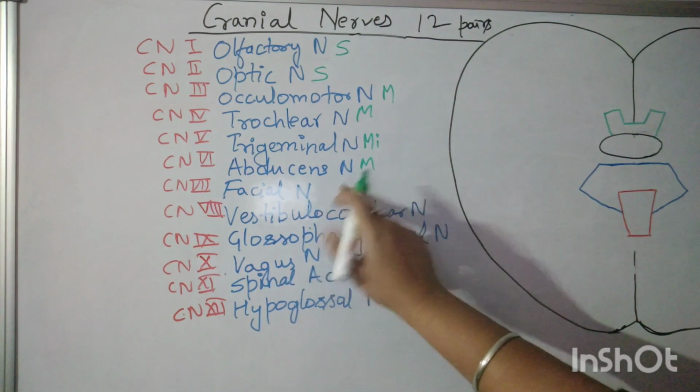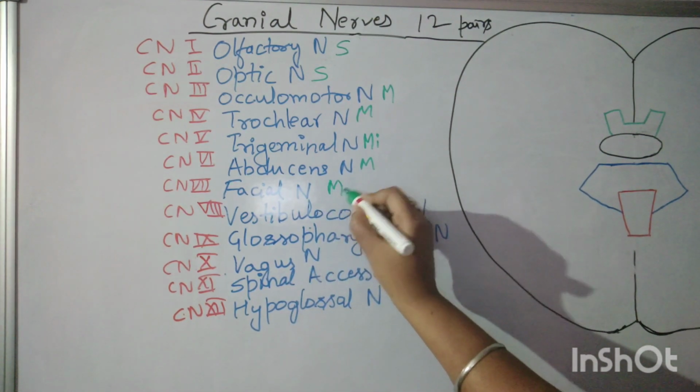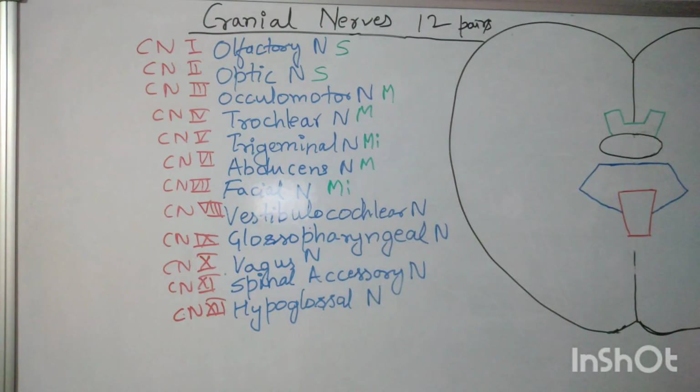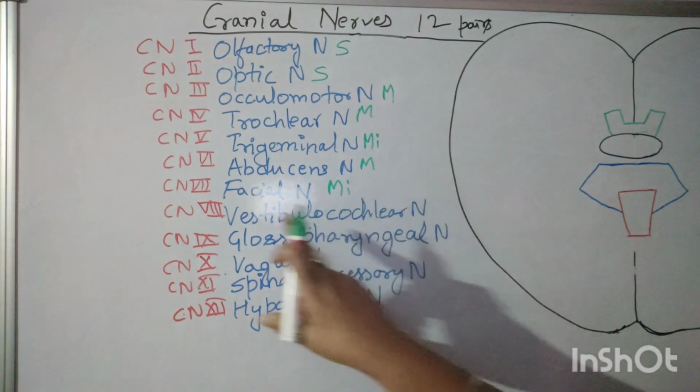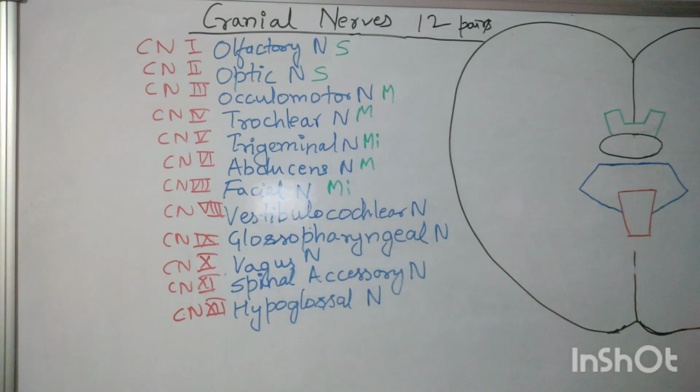The facial nerve is mixed, meaning we can move our facial muscles, they can feel heat and touch, and we can also lift our lower jaw and eyebrows. So the facial nerve is mixed. It's very simple.